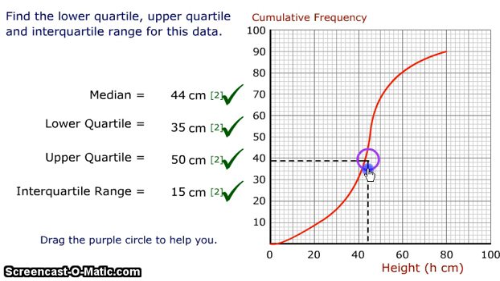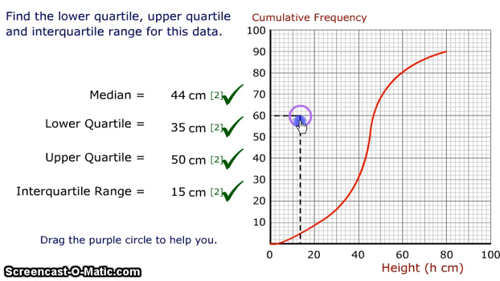The lower quartile is a quarter of 90, which is about 22.5. So 20 is here, 22.5 would be somewhere here, and you read downwards, and that gives us about 35. And then the upper quartile is 3/4 of 90, which is 67.5.